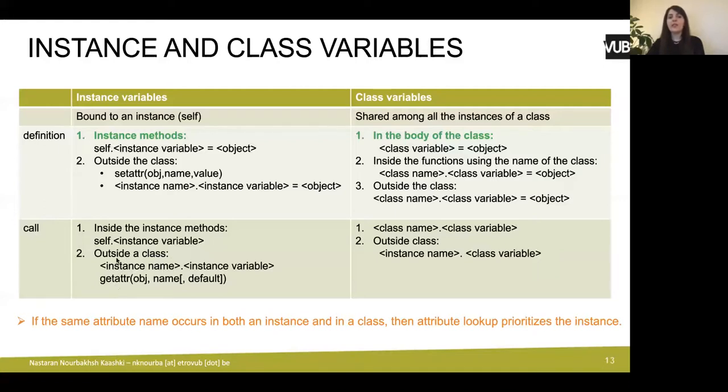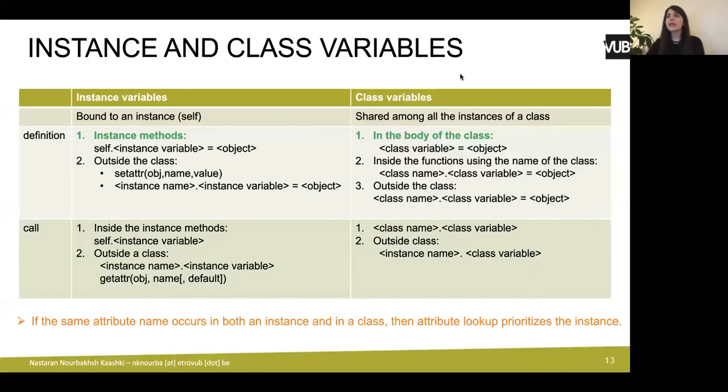The first way is to use the name of the instance, the object of the class, dot the name of the instance variable. The second way is using the function getattr: the name of the instance, here obj is the instance name, they both are the same, the name of the instance variable, and a default value if it doesn't exist.